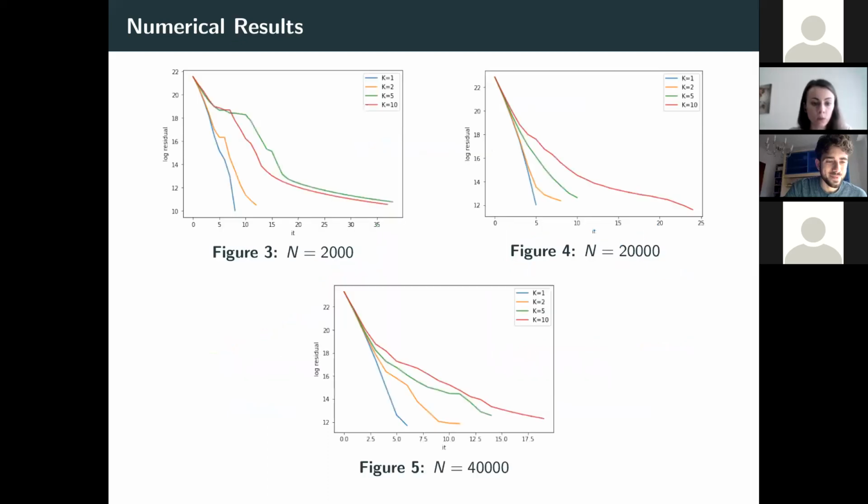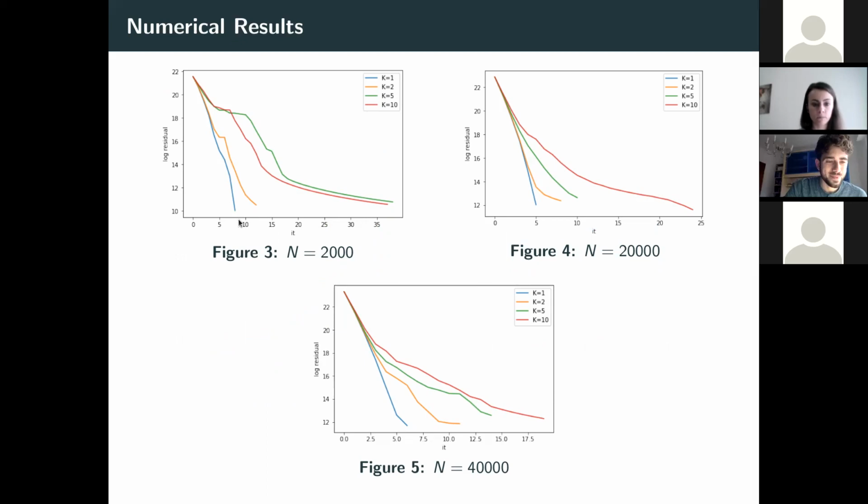And okay, so now we consider complete runs of the method. We consider 3 problems of different sizes, and we consider the methods with k equal to 1, 2, 5, and 10, and the split methods are all with right-hand side correction here. We just plot the residual at each iteration from the initial guess until we arrive at convergence.